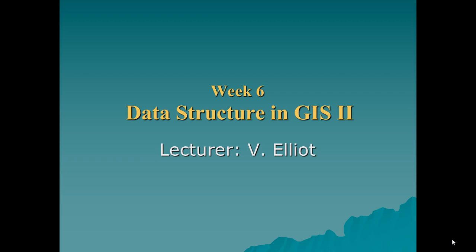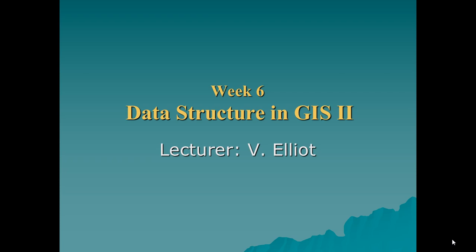Today we will be continuing with the second part of our unit, data structure in GIS. If you recall our lesson 5, we began our discussion on data structures where we focused a lot on vector data structures. So before we move on, I just want to make sure that you recall the definition of data structure.